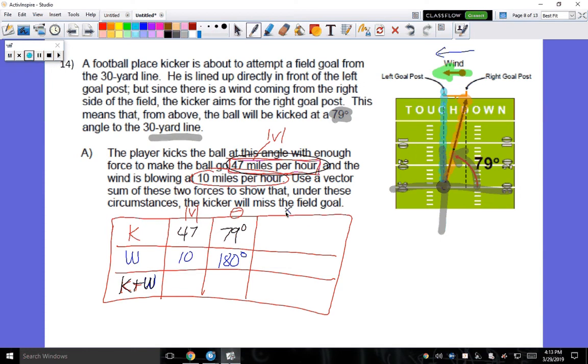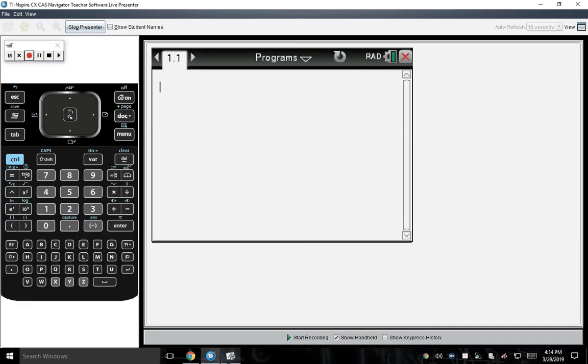So we're going to get these xy components by doing 47 times the cosine to get the x, and 47 times the sine to get the y value. Let's go to our calculator and see what those give us. So we have 47 times the cosine of 79 degrees.